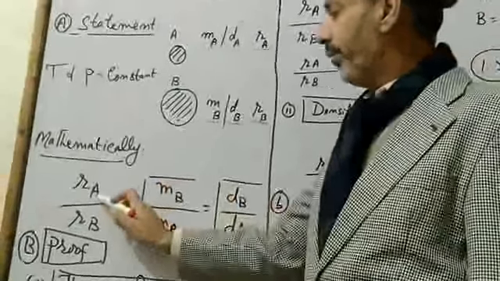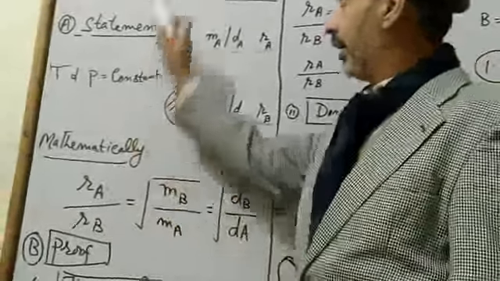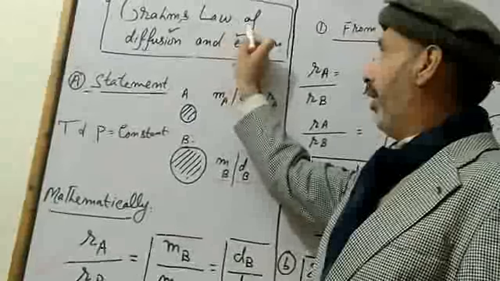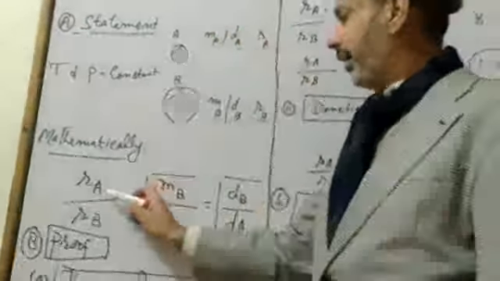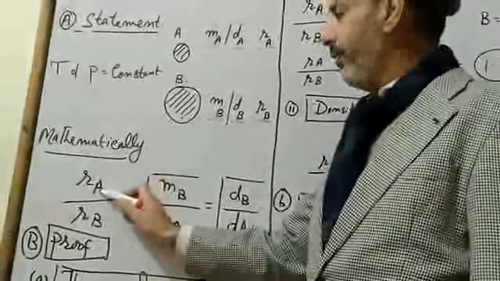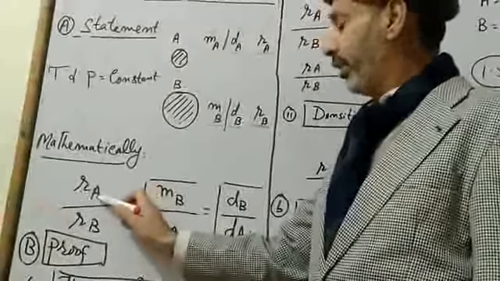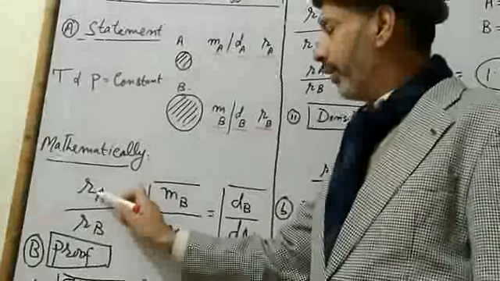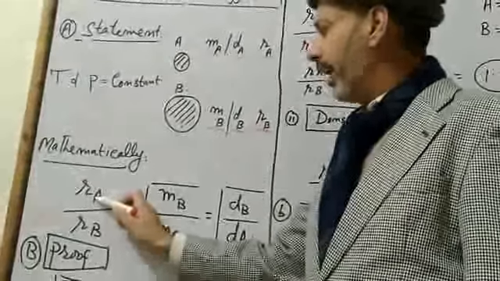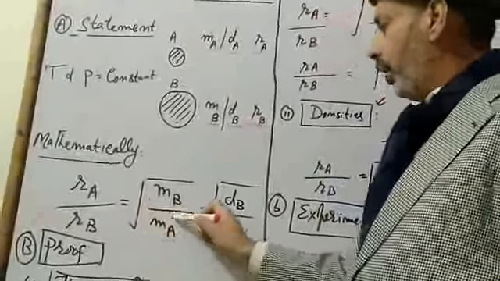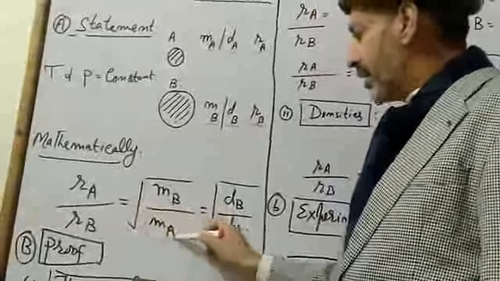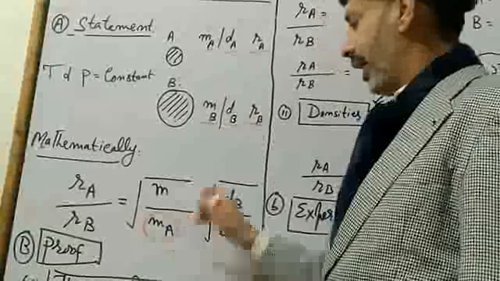Now, Graham's law states that the rate of diffusion of a gas is inversely proportional to the square root of the mass of the gas.